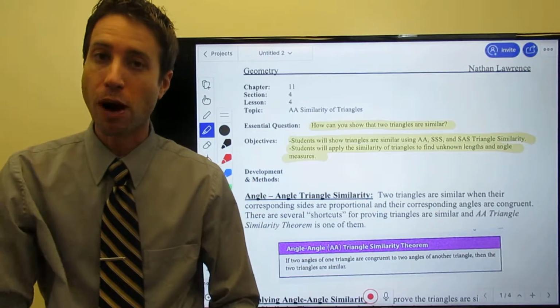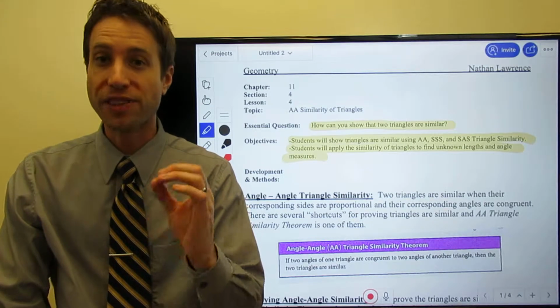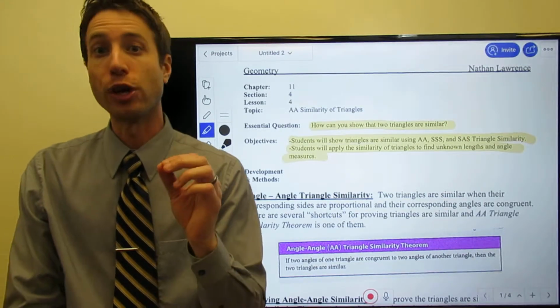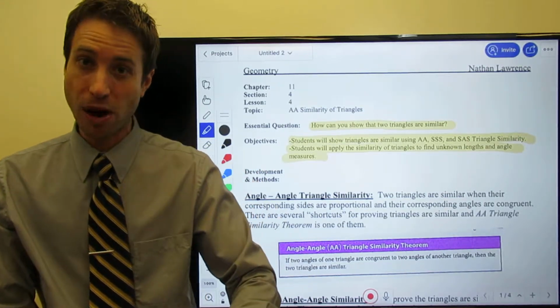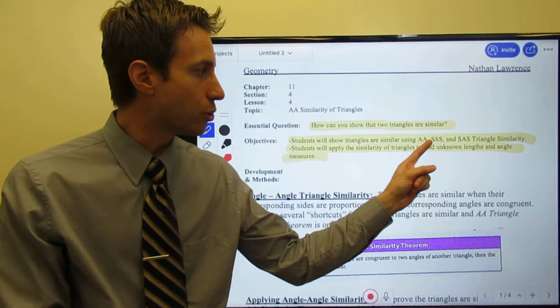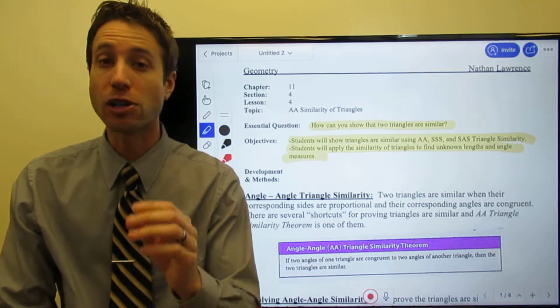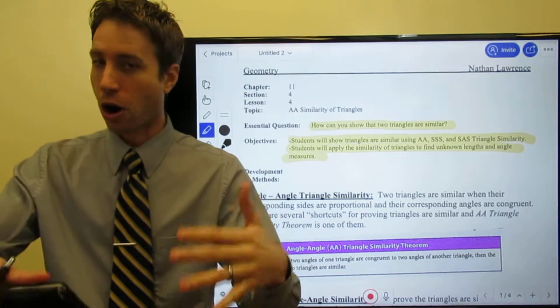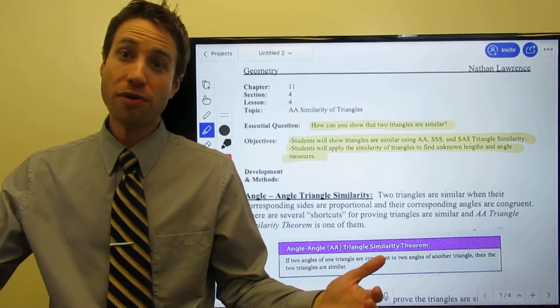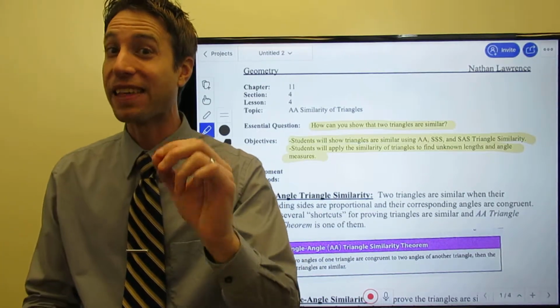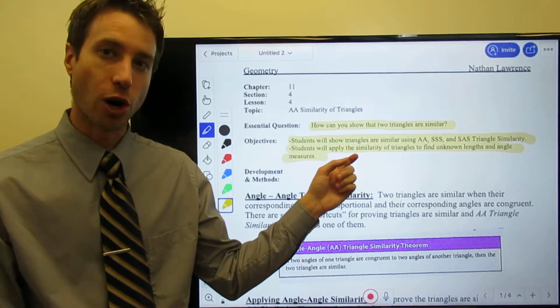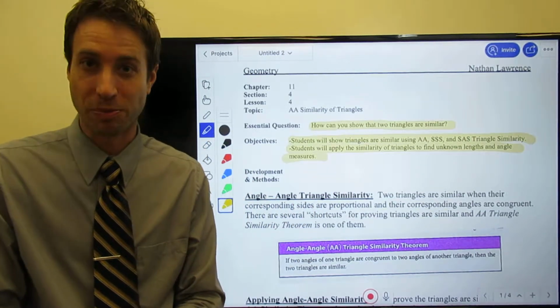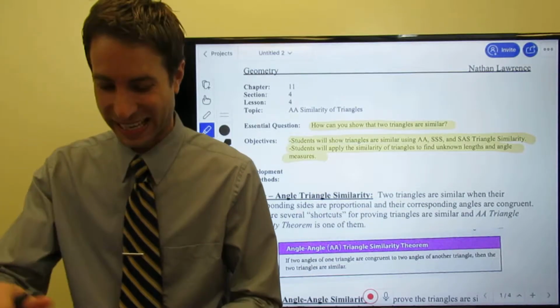But in those problems, I told you that the figures were similar. What you're now going to do in these problems is use these new theorems to first, on your own, determine: are these figures similar or are they not? Then, if they are similar, go ahead and set up those algebra problems and solve. Oh, I can't wait. Here we go.